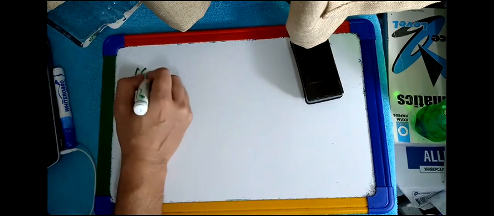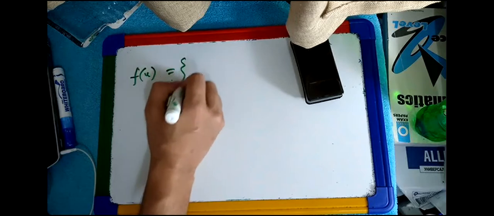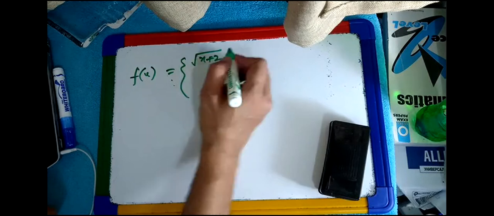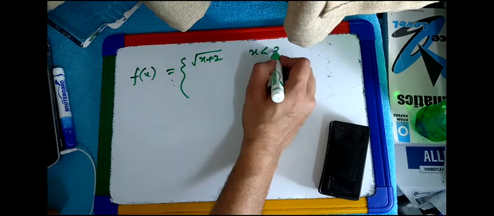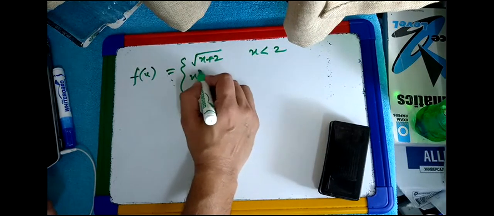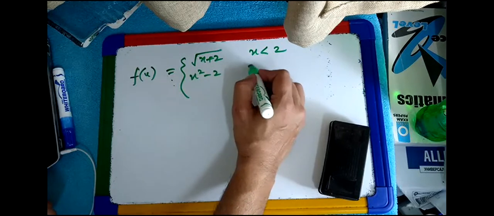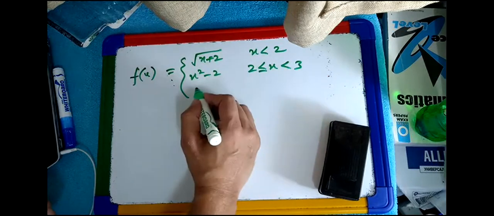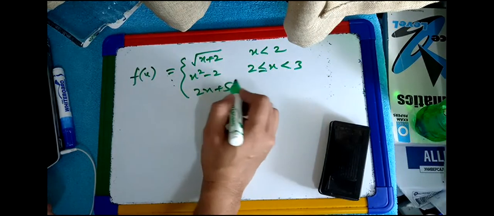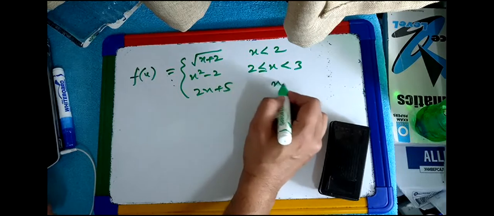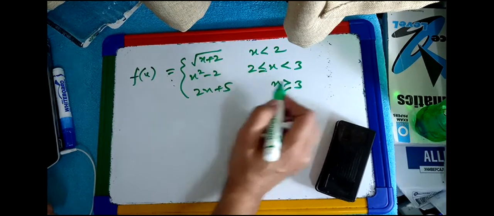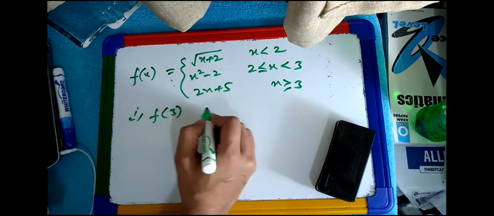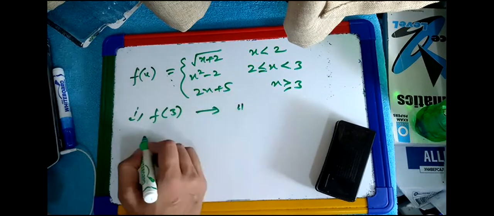f of x equals a piecewise function: square root of x plus 2 when x is less than 2, x square minus 2 when x is at least 2 and less than 3, and 2x plus 5 when x is greater than or equal to 3. First thing we will check is f of 3. This will give 11.